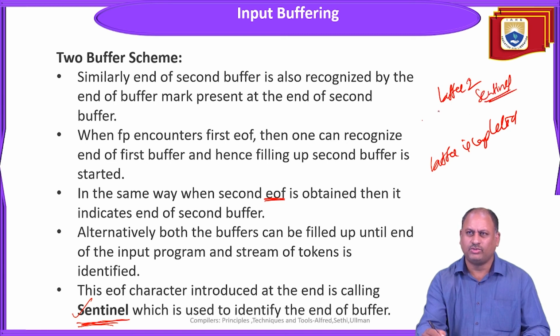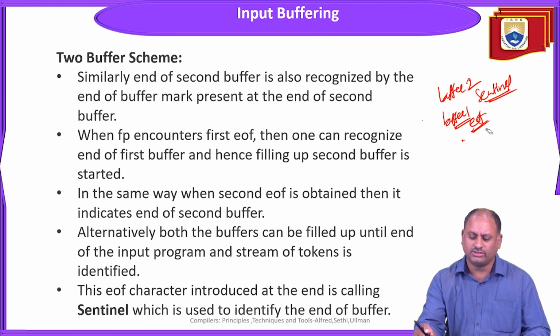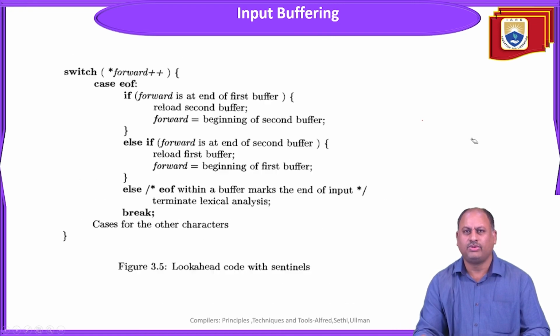Then we once again move to the first buffer, fill up its contents, and mark EOF to verify whether it is reached. Up to that point, we process the remaining characters of the input string, and then the program continues.